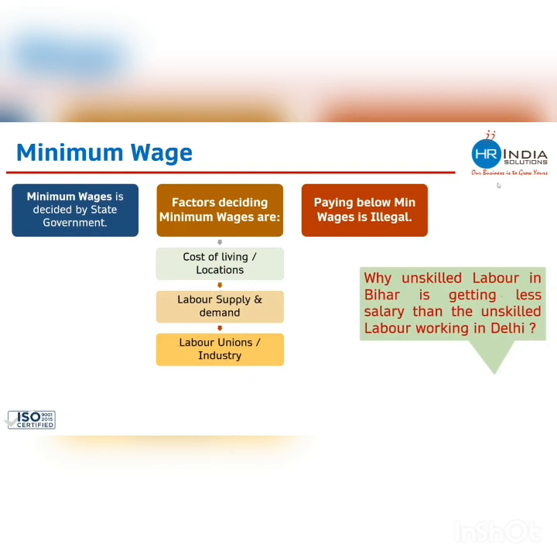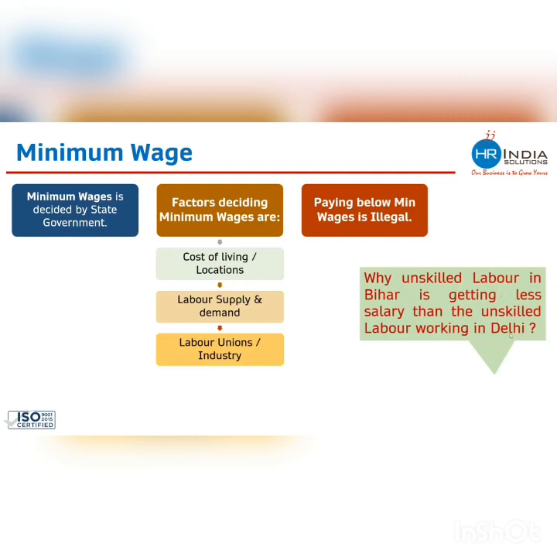So the combination of all these factors which you have answered in the chat section, we get the minimum wage of the state. The reason is that the minimum wage of Bihar is lesser than the minimum wage of Delhi. That's why the person who is working in Bihar is getting lower wages than the person who is working in Delhi.